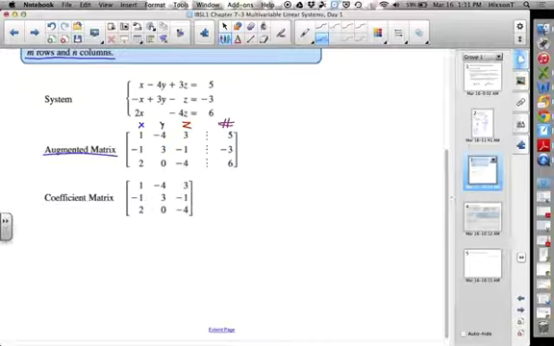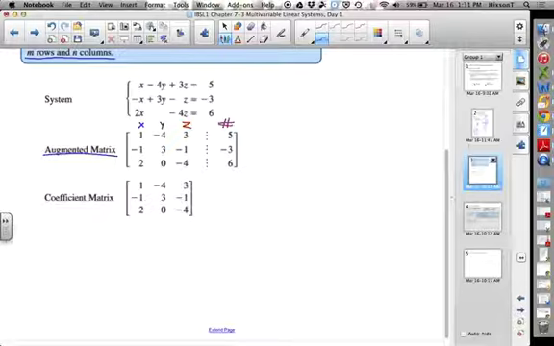The coefficient matrix is actually used in writing our system in a different way. The coefficient matrix does not include these constants on the other side. It's just the coefficients of the variables. And it has other applications. One of them is to rewrite this as a matrix equation.